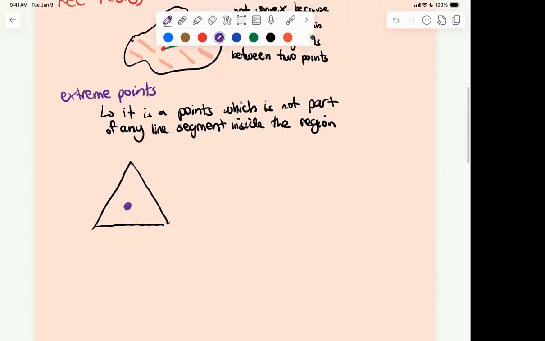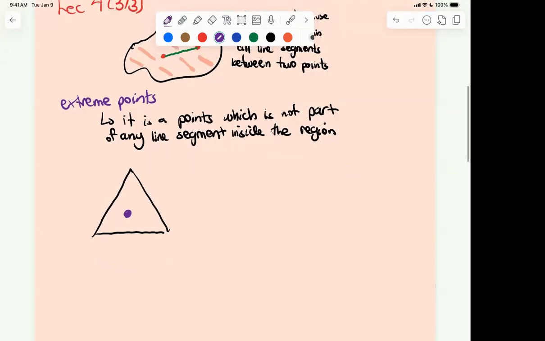Look at that point. I could ask you, is the purple point extreme or not? The idea is no, because for example, you find this point and this point inside the triangle, and the line segment connecting those 2 points passes through the purple one. So in this particular case, the purple point is part of a line segment.